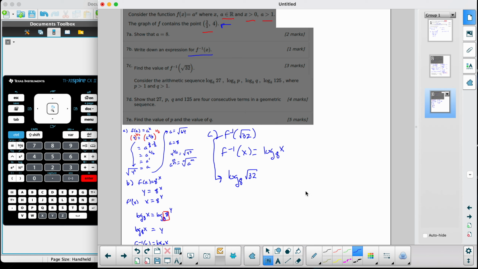Okay, so let's see if we're going to be able to do this by hand. I think we can. 32 to the 1 half, that would be 16. I can do 8 times 4. Oh yeah, I can.